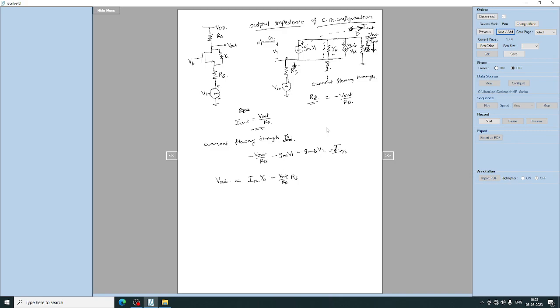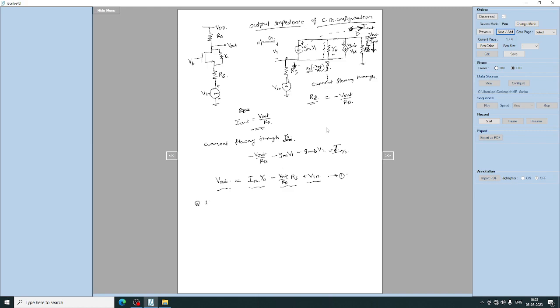The drop across RS is RS into minus V out by RD, plus V in. So the drop across these three branches gives you the output voltage. We will take this as equation 1.